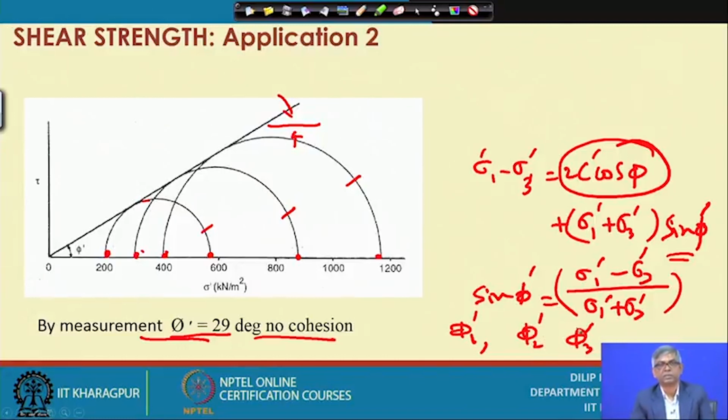Though the same, identical soil sample is used, all three are supposed to give the same value, but because of problems in the experimental setup or many other reasons, we may get slightly different values. Finally, the average of these three can be reported as the effective angle of internal shear angle of this sample.